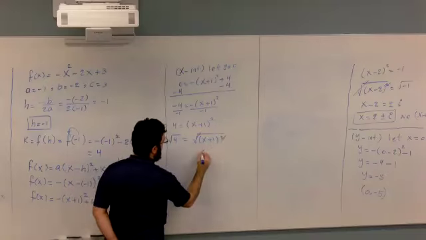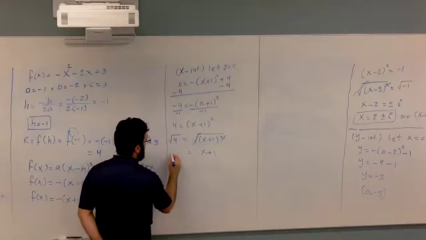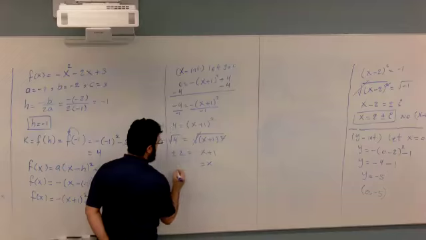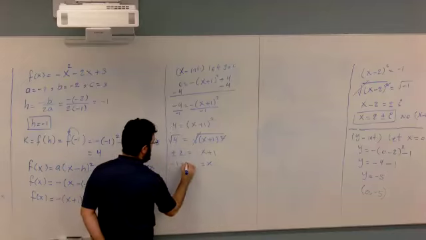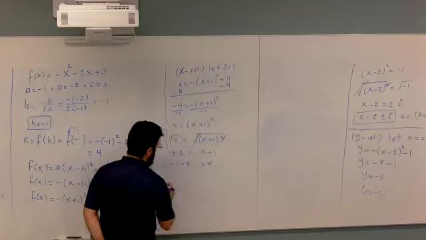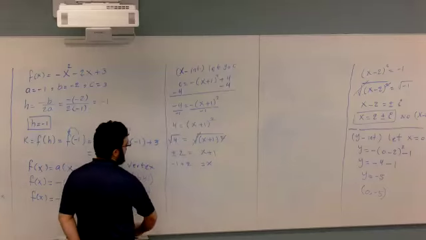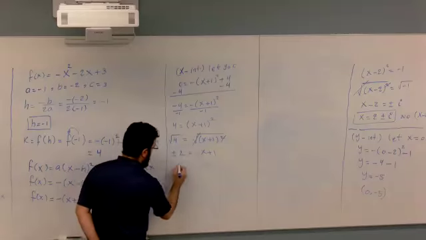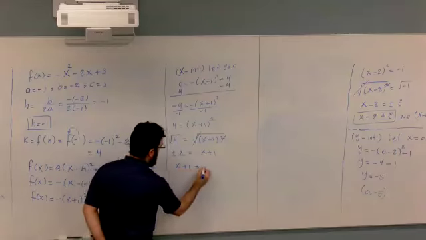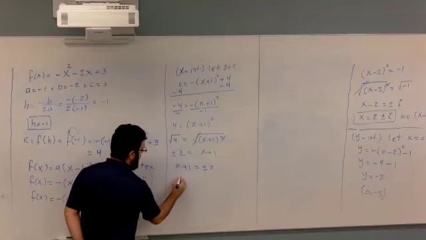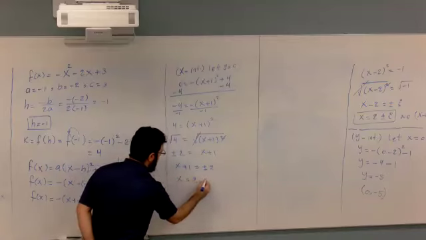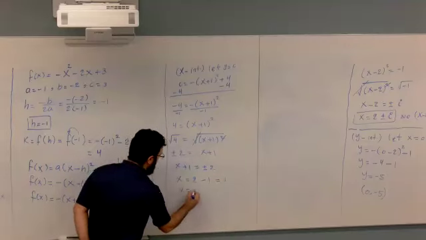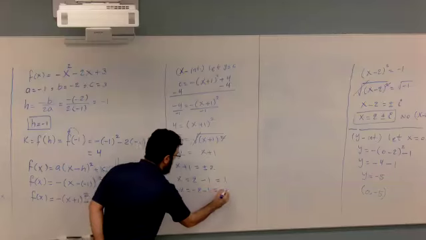So here, on the left, x plus 1 equals plus or minus 2. That means x is going to be negative 1 plus 2, which is 1. And x equals negative 2 minus 1, which is negative 3.